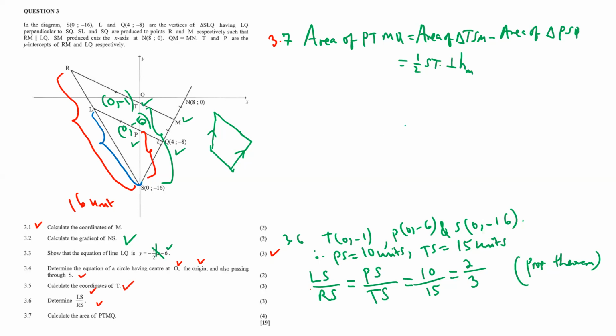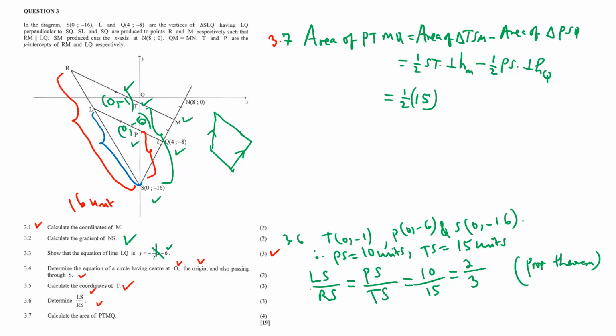But also we have here minus the area, minus half PS times the perpendicular height through Q. So this is the same as half. What is the length of ST? Right, you can see that we have 0 minus 1, we have 0 minus 16. So the base is 15.